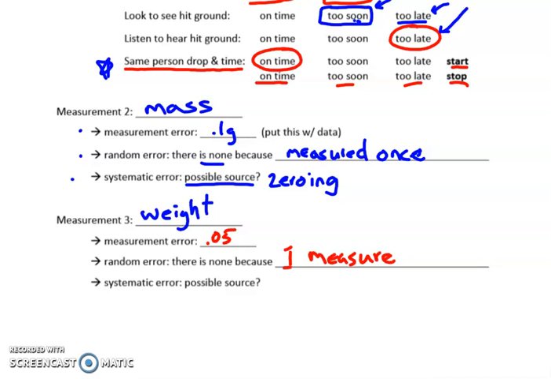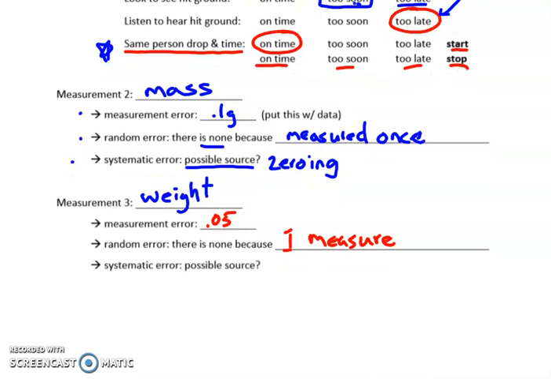All right, and systematic error, possible source. This is definitely more of a concern than with an electronic balance, but you saw at the beginning when we were measuring hanging the ball from the scale, I had to zero it, right? I had to turn that little screw at the top to get the plunger at 0. So there's potential zeroing, but we try to take care of that. Okay, so that's it for the systematic error.